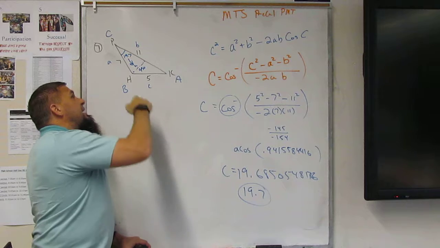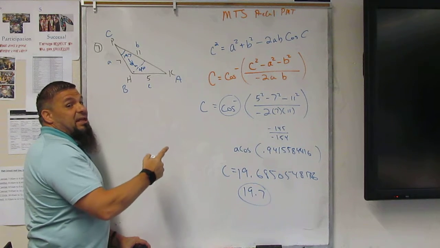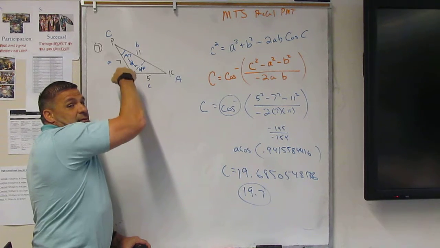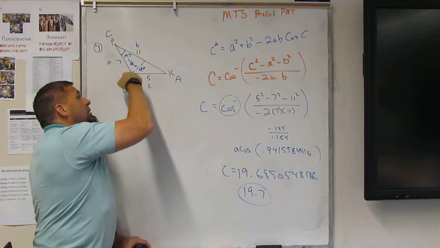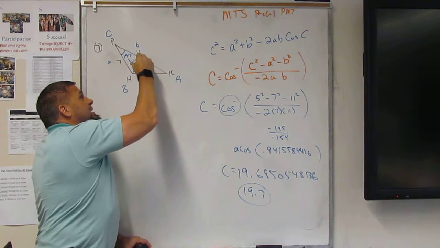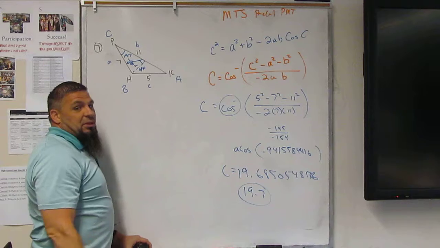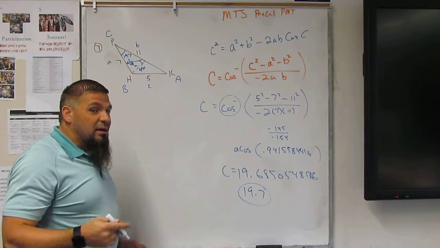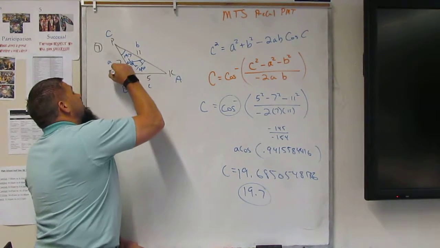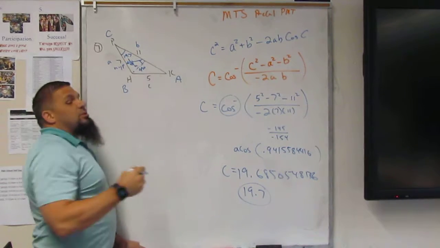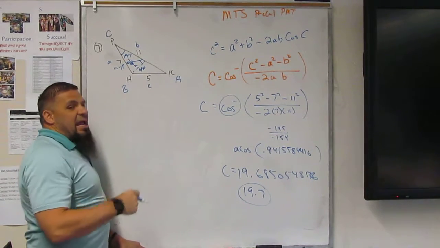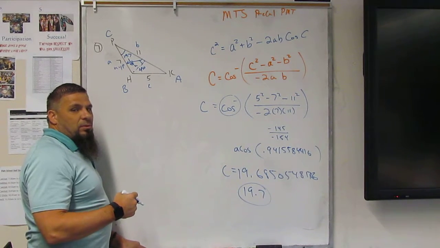And I need another side. And the only other side I have is this side. And this side is opposite of the right angle. So that's considered the hypotenuse.